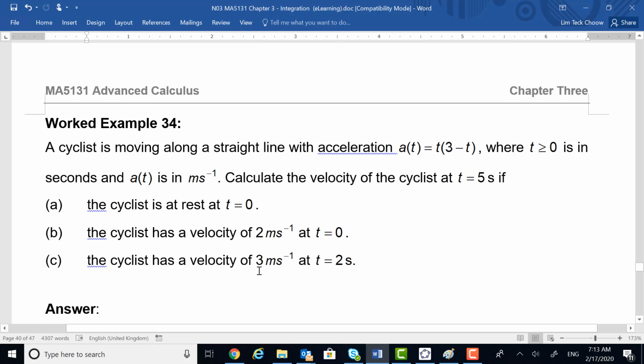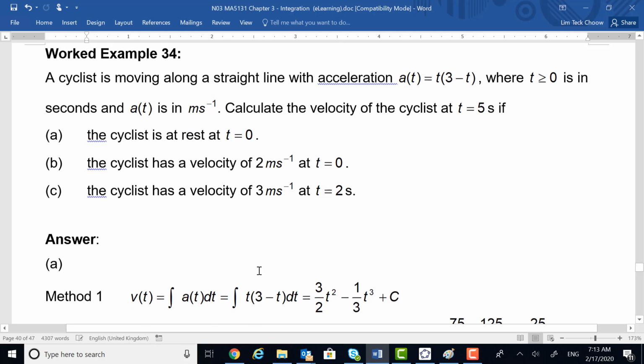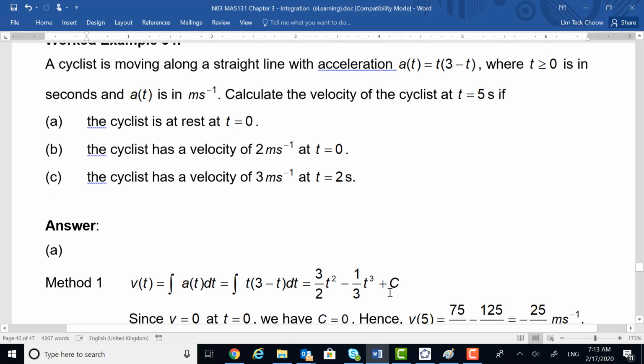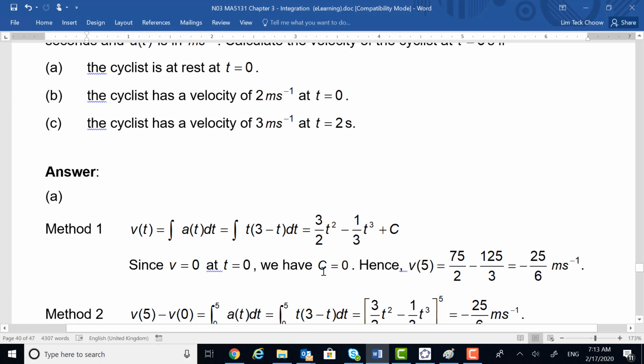So one way of finding the velocity at the particular point is you can do it the good old way. You first and foremost work out the velocity expression, and then use the condition that when t is 0, the velocity is 0 to find the constant c. And then you've got the velocity expression. With it, to find the velocity at 5, you just put t as 5. And I get this.